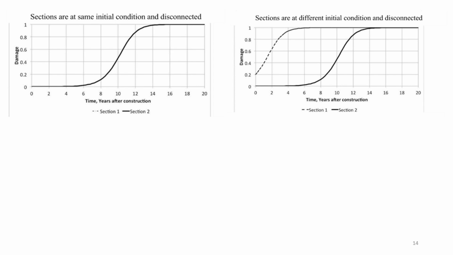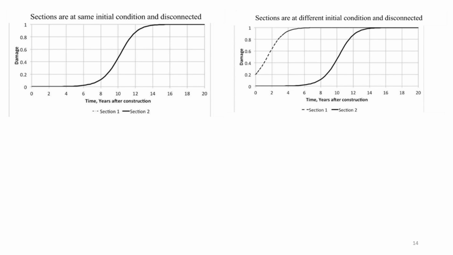We can model this with system dynamics, and see what kind of results we can get. If you look at the left-hand side, you see that if I consider the sections to be the same initially as far as quality is concerned, and they're disconnected, so there is no connection between them, one section is not affecting the other.